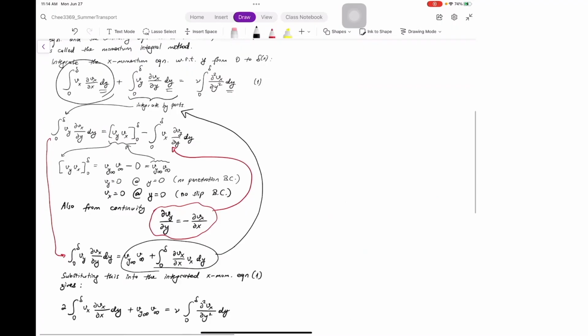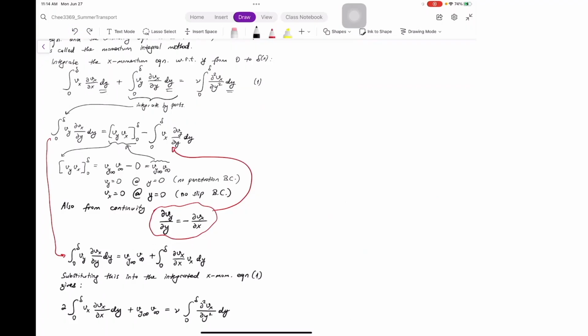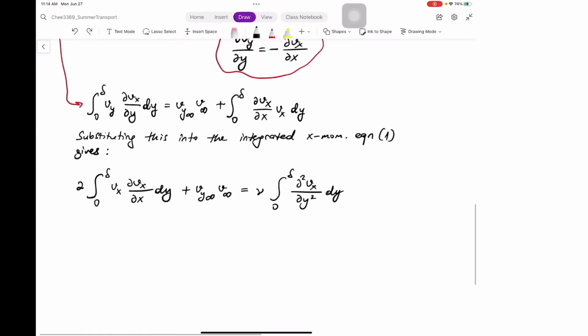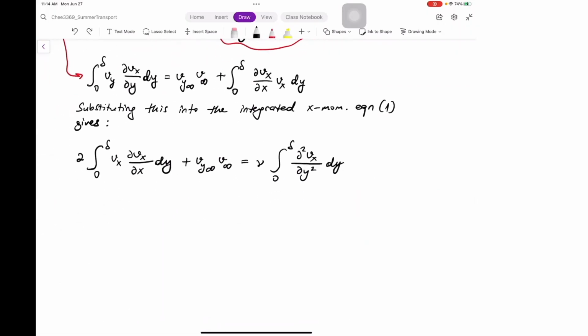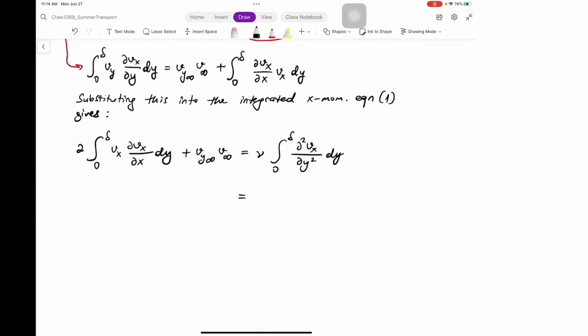And we got this one, and we got another this one. So you have 2 of them, right? And then you have this term here as well. And then the right hand side is just fixed, so I didn't actually touch that. And the right hand side, you can play with that a little bit more.